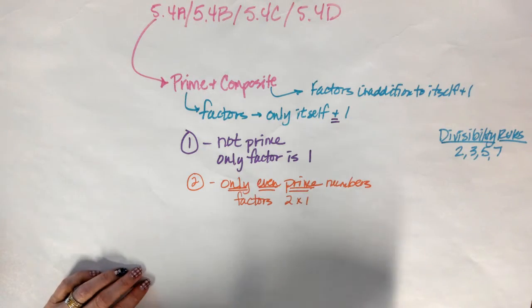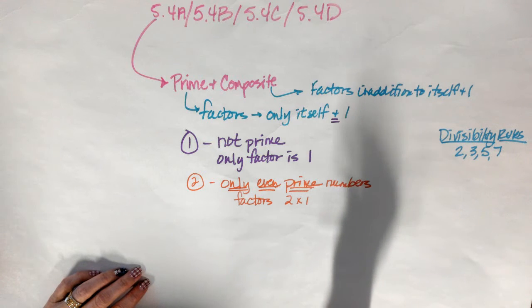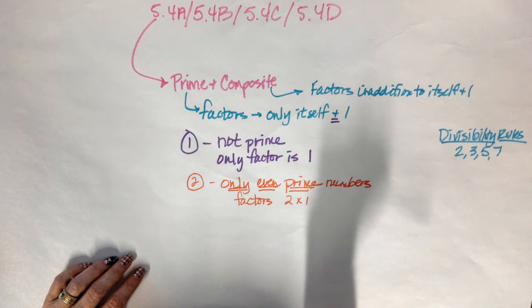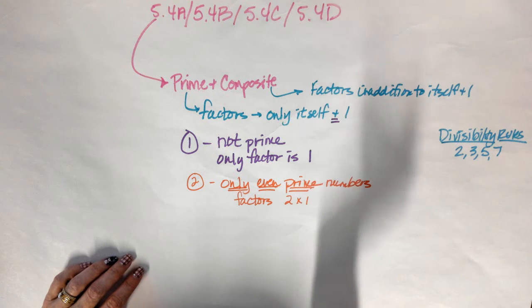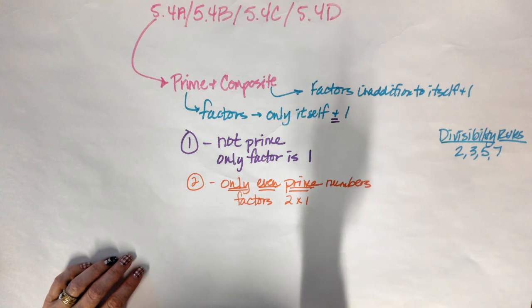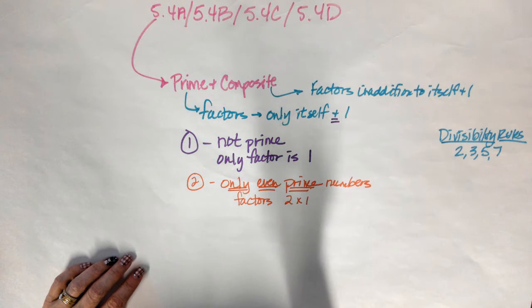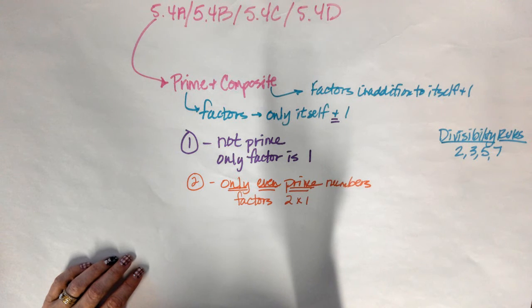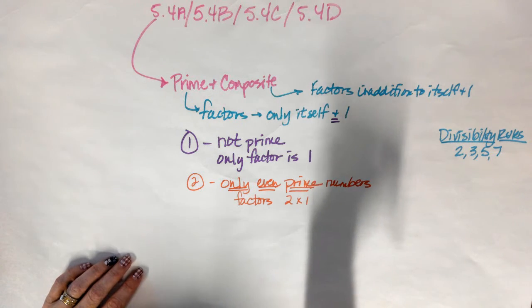For 3, I can check easily to see if a number is divisible by 3. And there are some divisibility rules on the Google Drive to help you and to give your students something to put in their journal. The divisibility rule for 3 is that if I can add the digits of the number up and that sum is divisible by 3, then the number is divisible by 3. So let's look at an example.